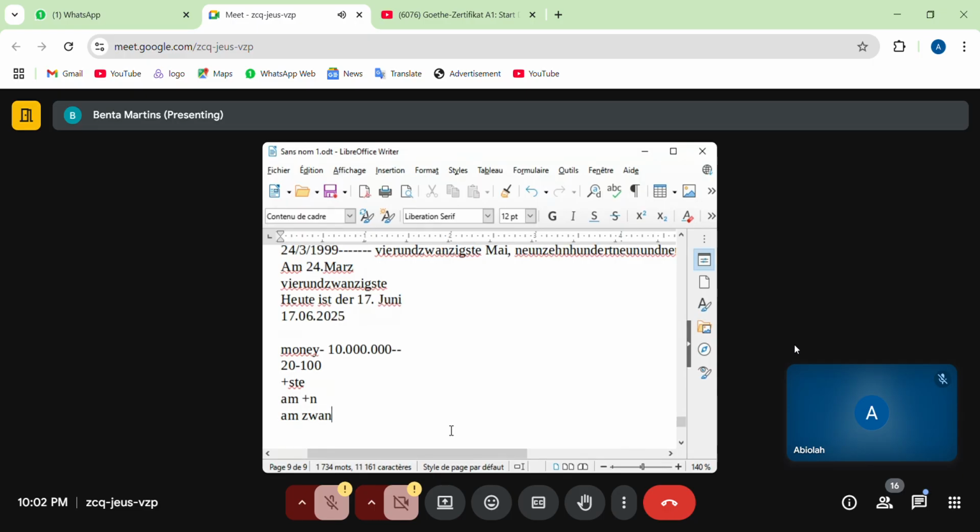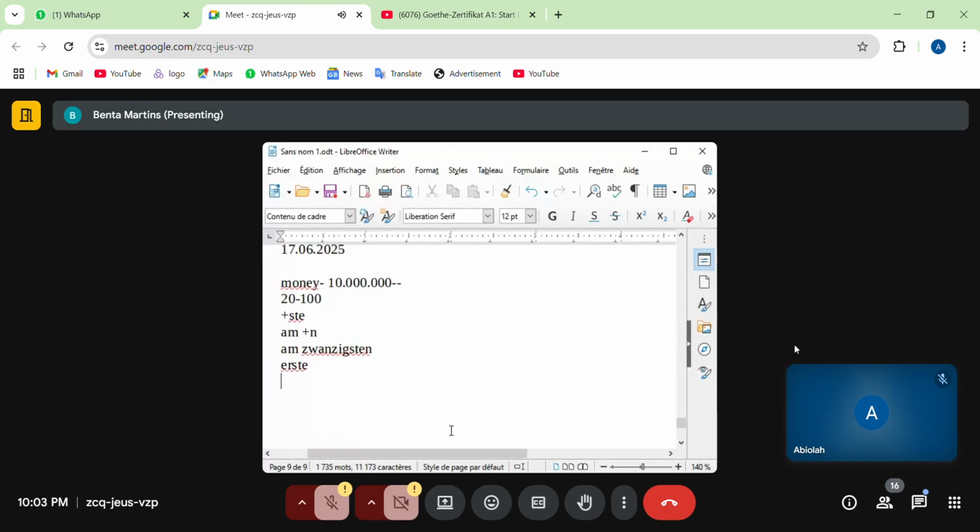Does this N also apply from 10? Yeah. Okay. So if it's an example, remember we said erste, yes?